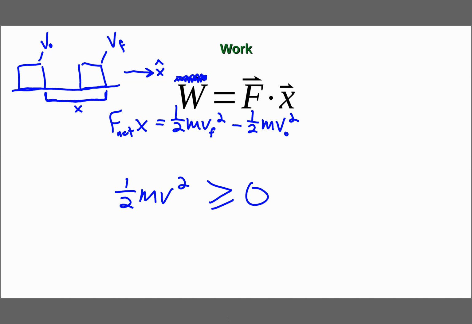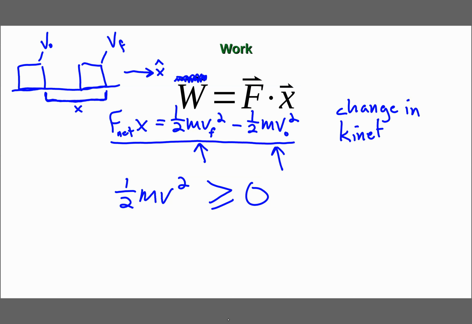And then note that what we have in this equation up here is a final velocity minus an initial velocity. Sorry, a final kinetic energy minus an initial kinetic energy. So what we have in this equation is a change in kinetic energy.